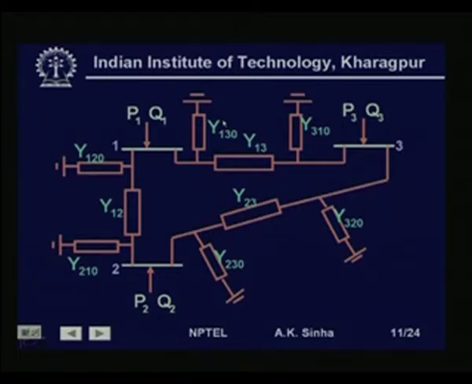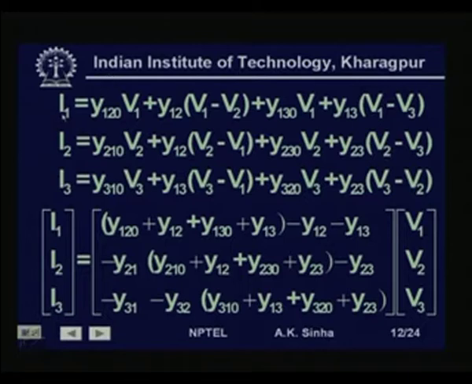So we have I1 equal to Y120 V1 plus Y12 into V1 minus V2 plus Y130 into V1 plus Y13 into V1 minus V3.